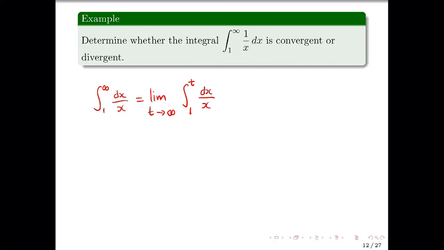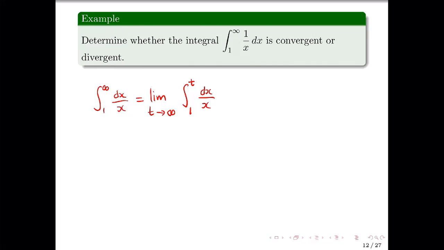So from here, you have the definition part, and now you can start working on this definite integral. When you get the definite integral, it will be in terms of this parameter t. After doing that, you will have an expression involving t, and that's the time you take the limit.